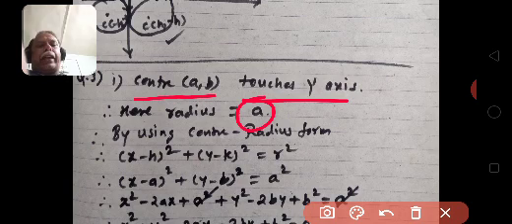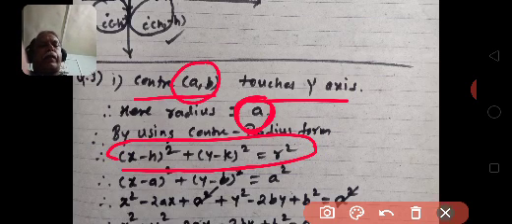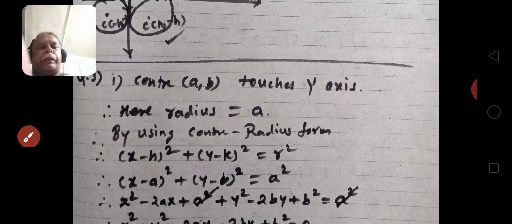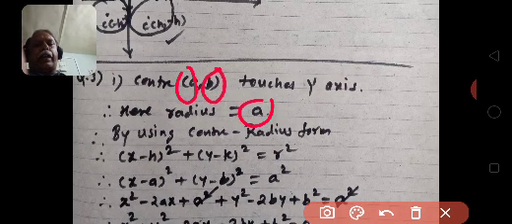Therefore the radius is a. By using the center radius form, we know the coordinates of the center, we know the radius: x minus h bracket square plus y minus k bracket square is equal to r square. This is the center radius form. Here h is nothing but a and k is nothing but b and the radius is a.